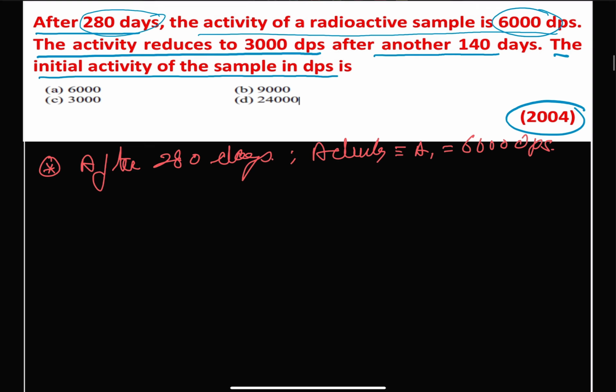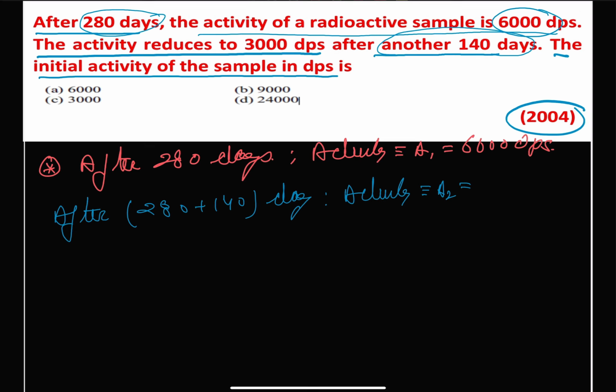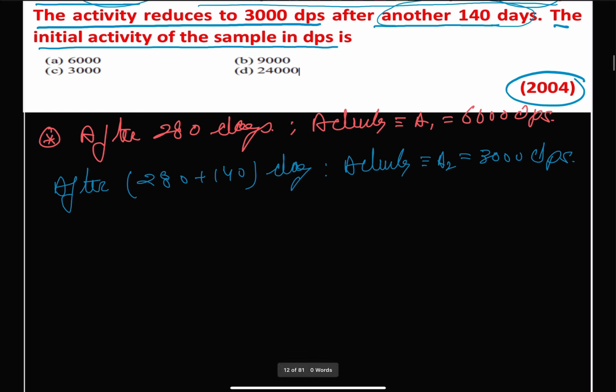It says that after another 140 days, which we have to keep in mind, so we can write it as after 280 plus 140 days, it comes with respect to the initial activity. So we can say this activity is our A2, which is given as 3000 dps, and the initial activity, let us suppose, is our A0.